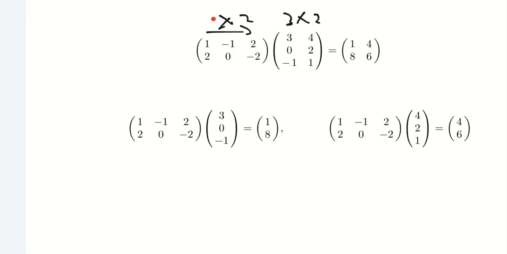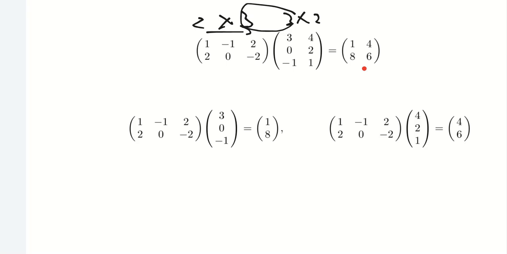Let me clean it. Forgive me. Sorry, guys. So it is 2 by 3, then here is 3 by 2, so the inner dimension agrees.